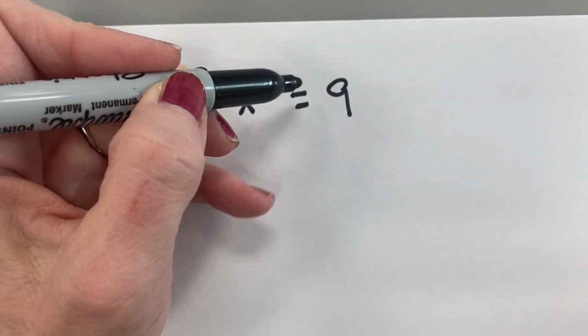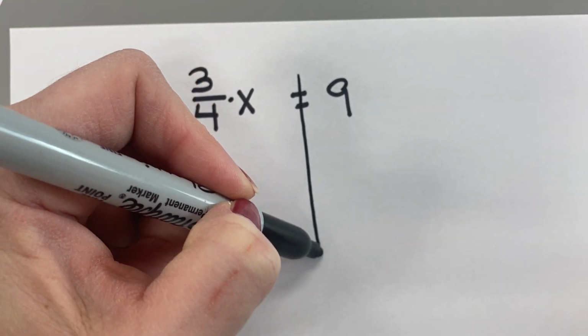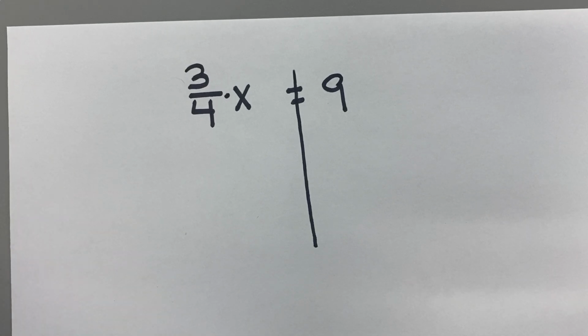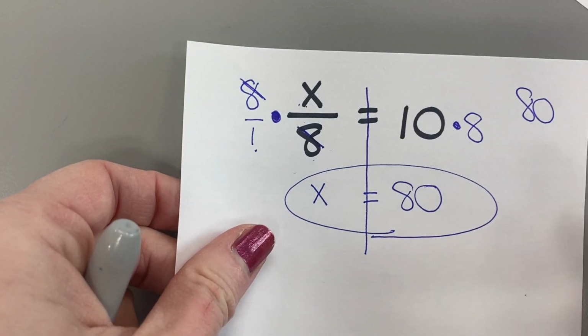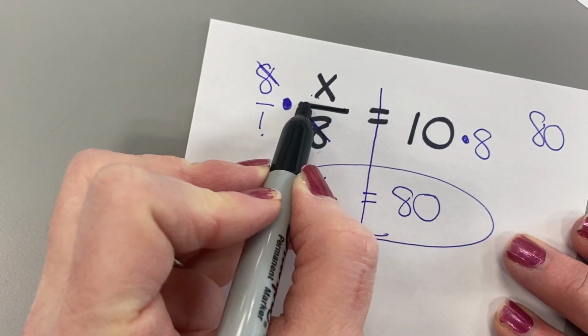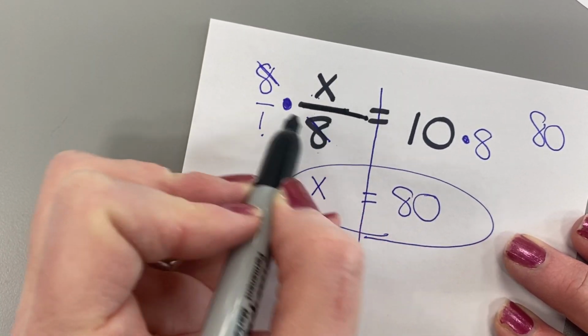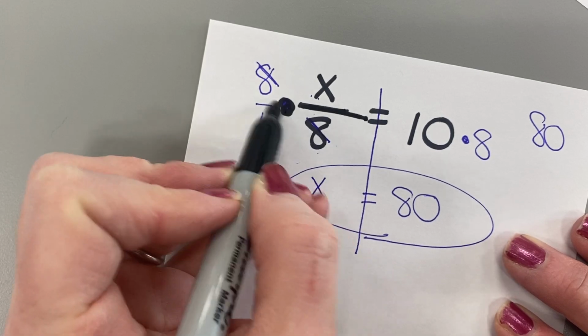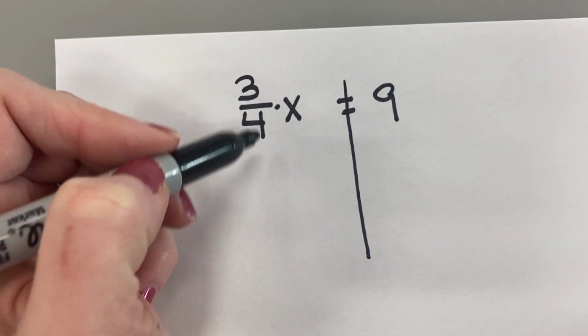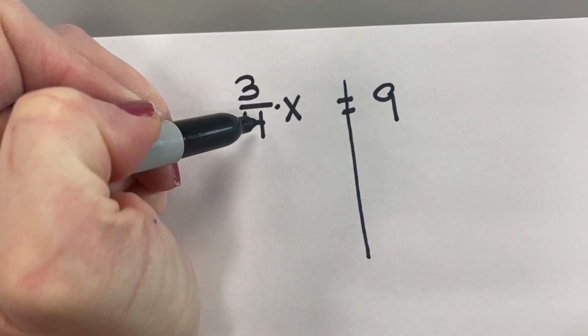So let's appeal to the algebra. Let's draw our line. Now, what's interesting here is back on this example, we just had the x divided by 8. There was clearly division, so we undid it with multiplication, the opposite. What's confusing here is that we have a fraction, like we have division going on, right? But the division is 3/4.